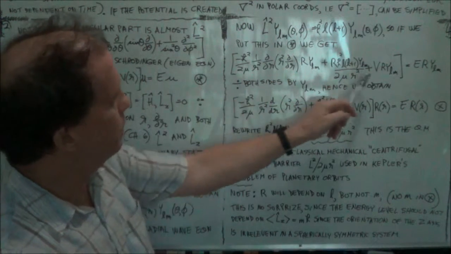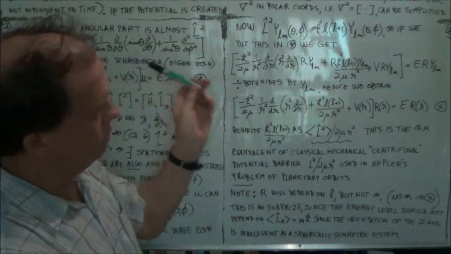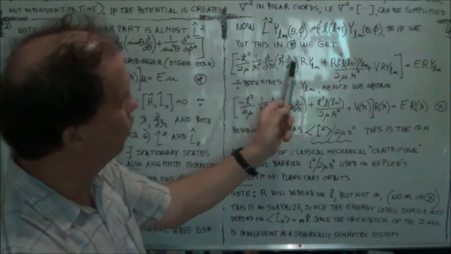Okay, so we can rewrite the Schrödinger equation on this side in this form.